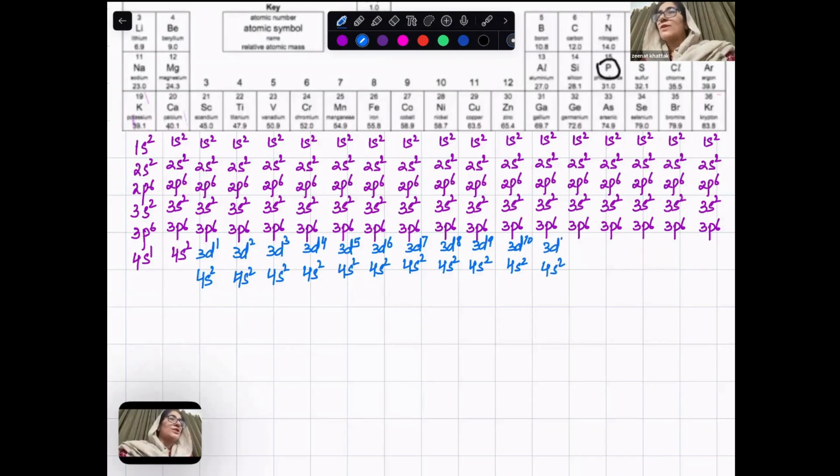So look, this is how it goes: 18, 19, 20, 20 plus 10, 30, and 31.